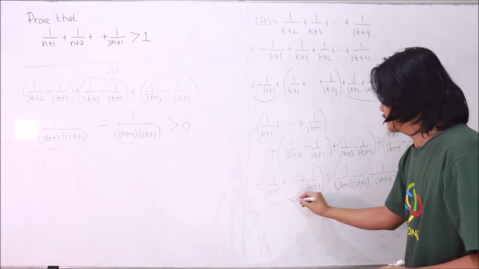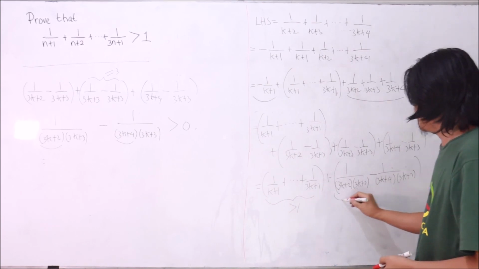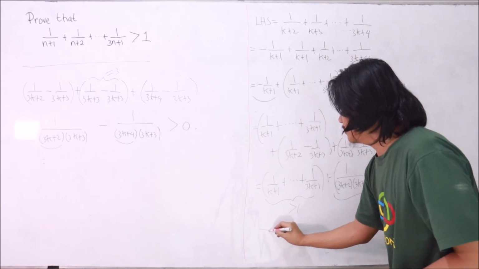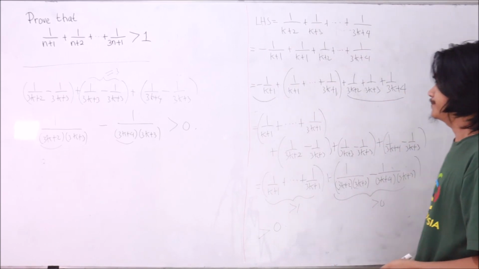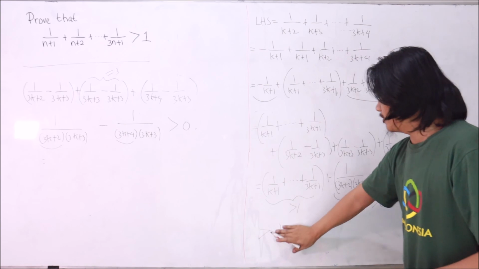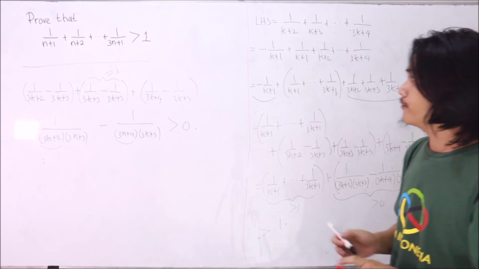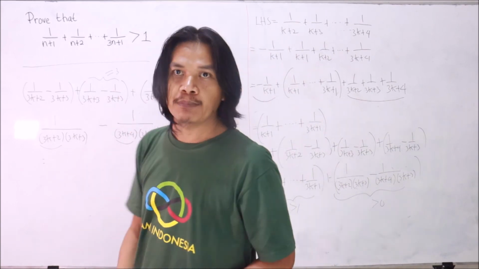And this is bigger than 1 and this is positive. So the whole thing is positive. The whole thing is greater than 1, which is what we really want for n equals k plus 1.